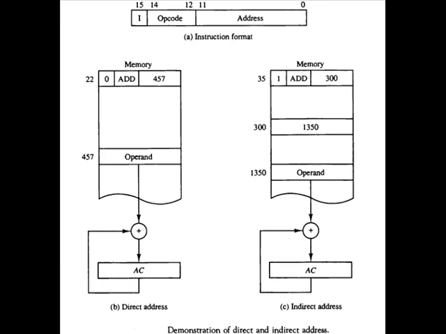In the second diagram, the add operation is stored at address 35. It indicates ADD 300. That means it adds the content of the address at 1350 with the accumulator register.